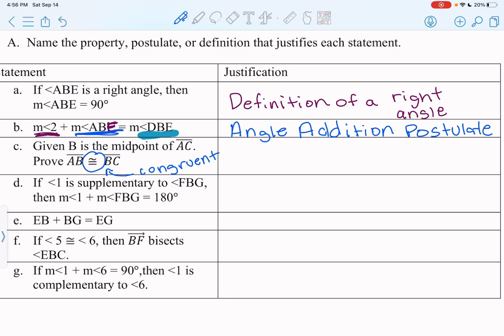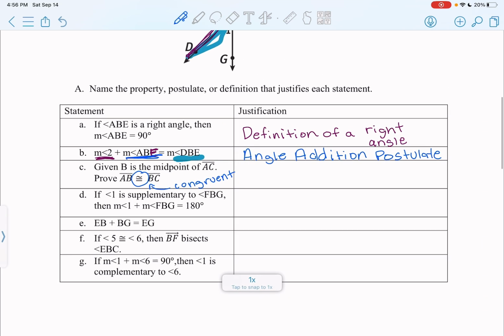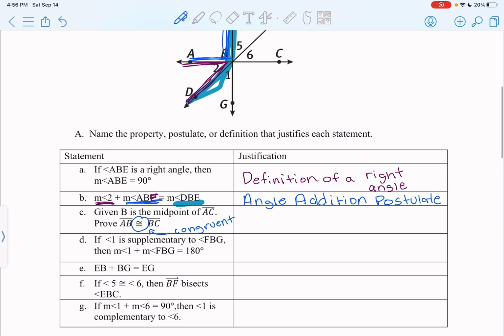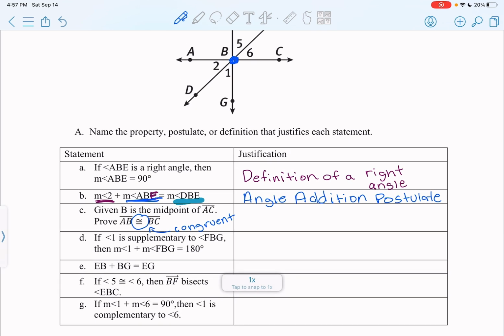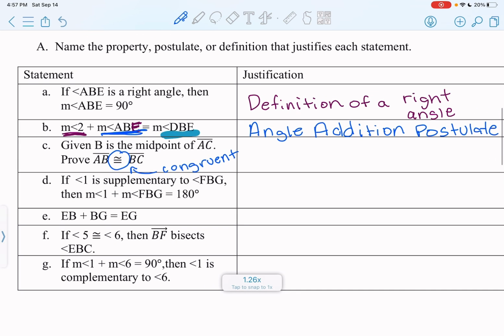So given B is the midpoint of AC, so point B is right here, that must mean that AB is congruent to BC. Why do we know that? Well, we know that's what a midpoint does. A midpoint is in the middle of a segment and it creates two congruent segments. And so that's the definition of a midpoint.